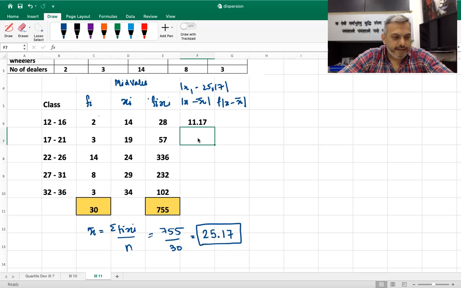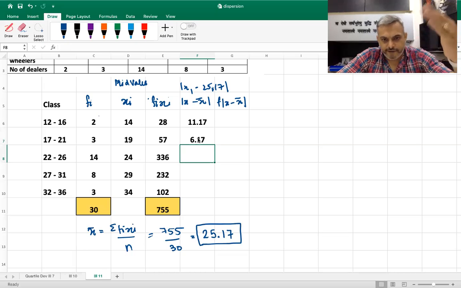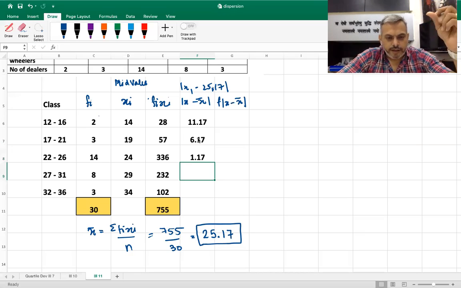Then 19, so it will be 6.17. The difference is 5, so you can also do it directly. Then comes 24, so 1.17. Then comes 29, so 29 minus 25.17.